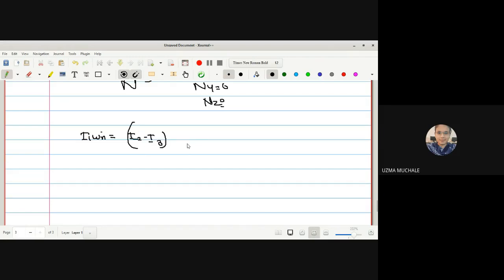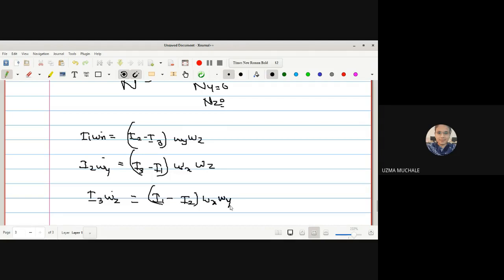These equations may come in your MCQ exam. If we consider torque is absent, what are Euler's equations of motion? In the absence of torque, what are Euler's equations? So in this way we have proved this.